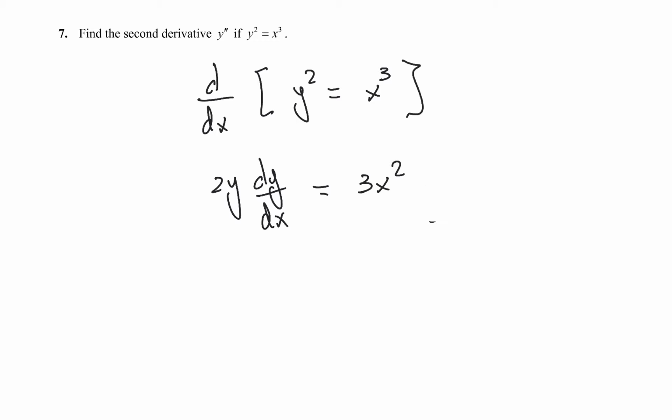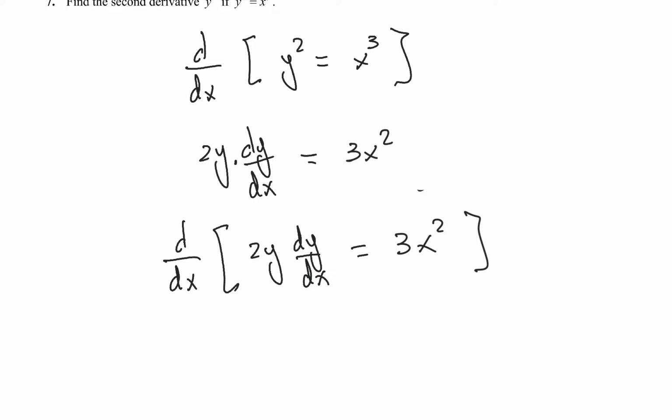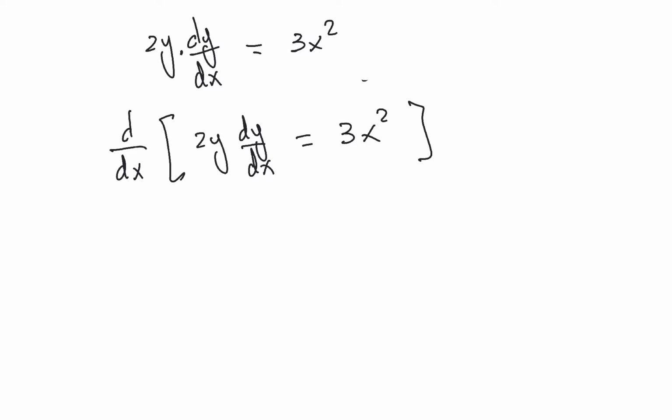Okay. So now I have this equation, and it says find the second derivative. So I have here the product of two functions. So it will be the derivative with respect to x of the whole equation: 2y times the derivative of y with respect to x equals 3x squared. What is the derivative with respect to x of 3x squared? 6x. What is the derivative of this product?